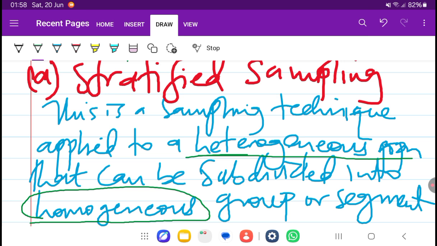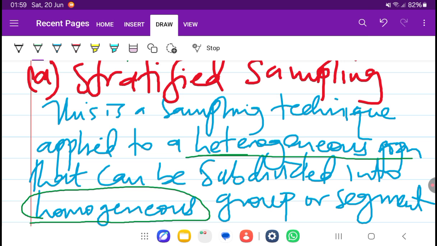But if you are assessing maybe the entire country, it will be a heterogeneous population because it will have people from different tribes. So what they do under stratified sampling, they group people from the heterogeneous population, and then they create people of the same character, people of the same attributes, they group them together into what we call a sample, and that sample is called a strata.